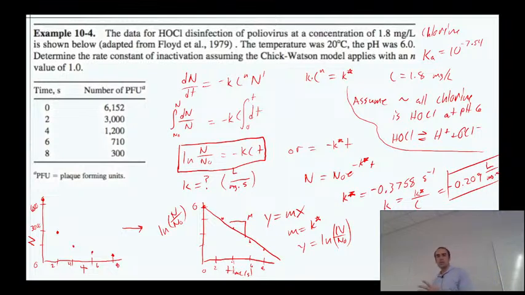Now, you can consider the same problem to say, what if the pH was 7 and we saw the same activity? Then you have to do a bit of chemistry, to say how much of this was HOCl. Then you might have to say, some of this action was OCl minus. I'll tell you right now, that doesn't play a big role because OCl minus is not very reactive comparatively.